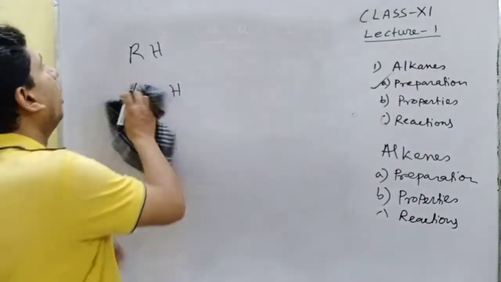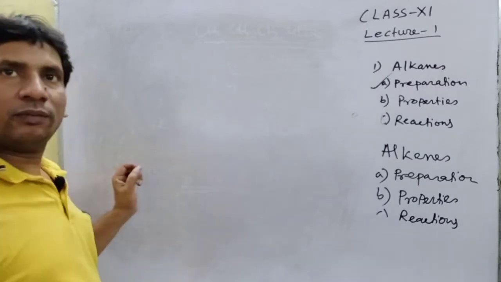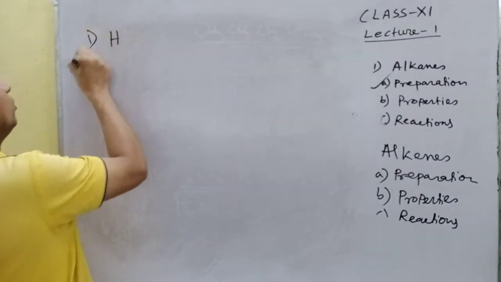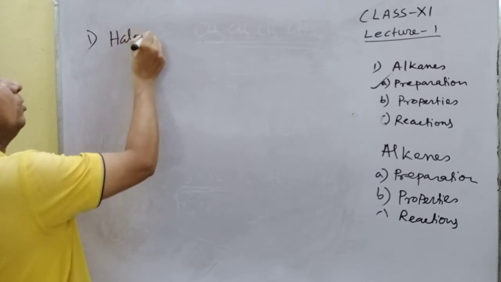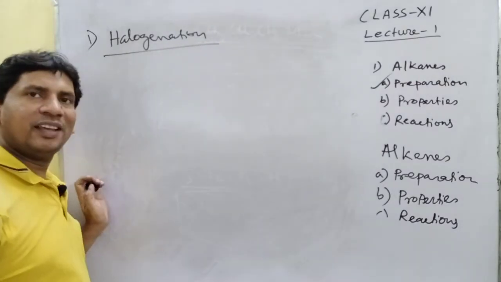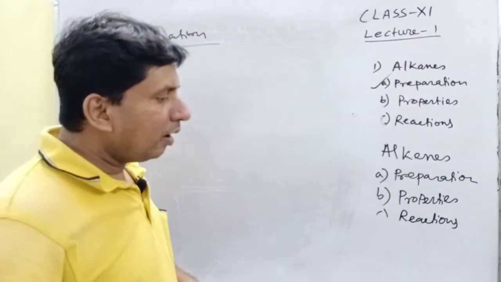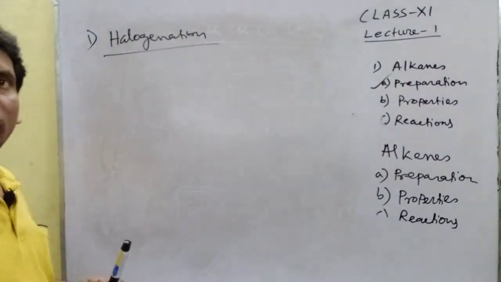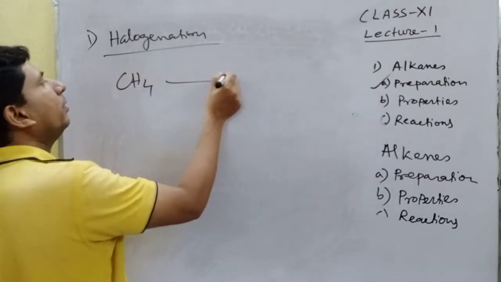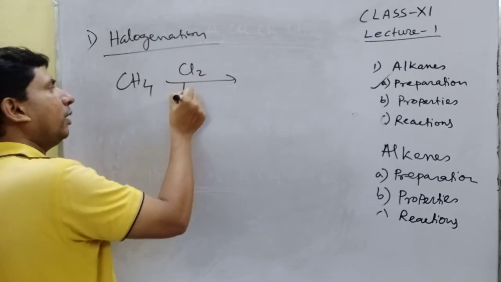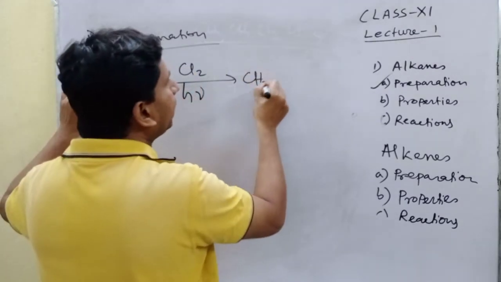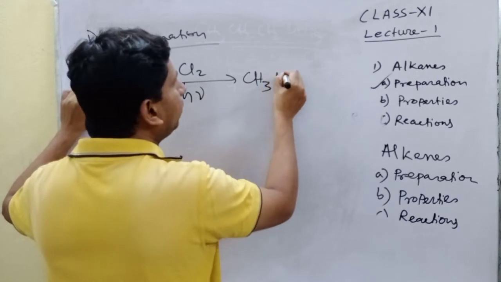Now, chemical reactions. At first, we can say halogenation. What is halogenation? If halogen is added to the hydrocarbon replacing hydrogen, for example methane in presence of diffuse sunlight, h nu, we can get CH3Cl.